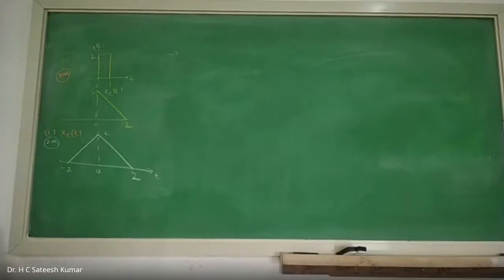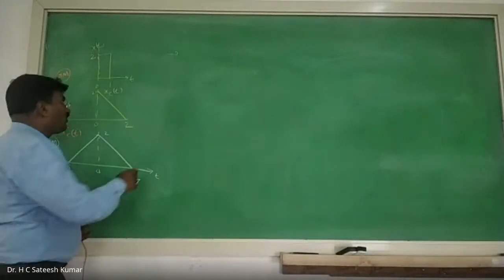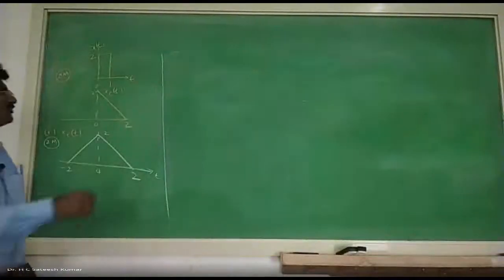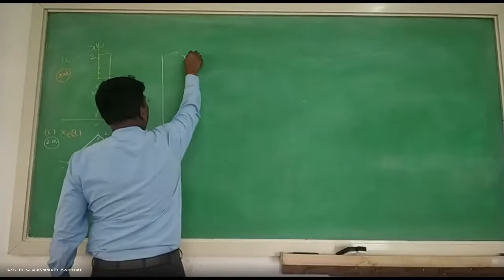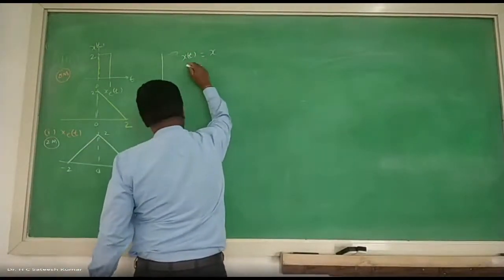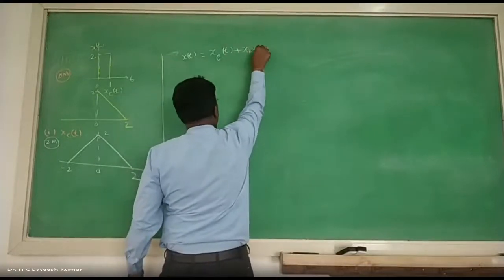Now, what about x of t, xo of t? Okay. The odd part is what we have? So now to find xo of t, what you should do is, we all know that any signal is made out of an even part plus an odd part. X of t is equal to xe of t plus xo of t. What do you want?